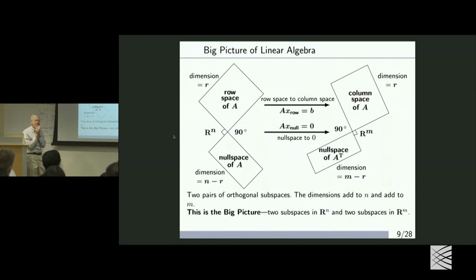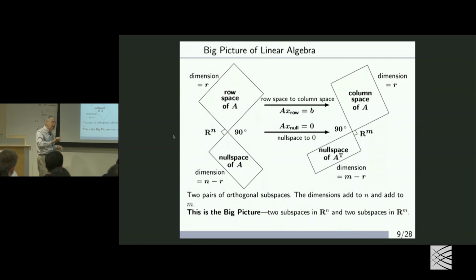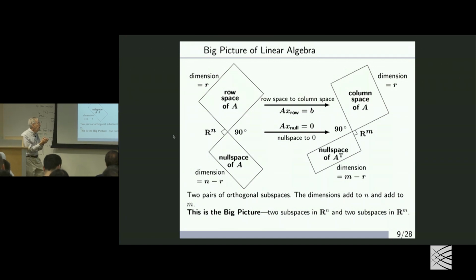I hope you admire this picture. Those are the 4 spaces, where a space is like a plane, like a line, like the whole space. And there you see these two spaces of equal dimension. So A could be any size, 5 by 10.